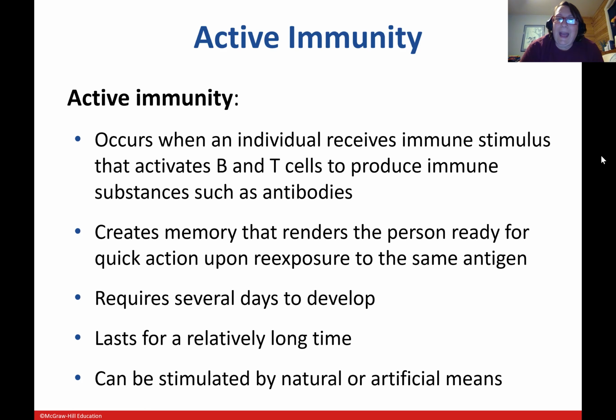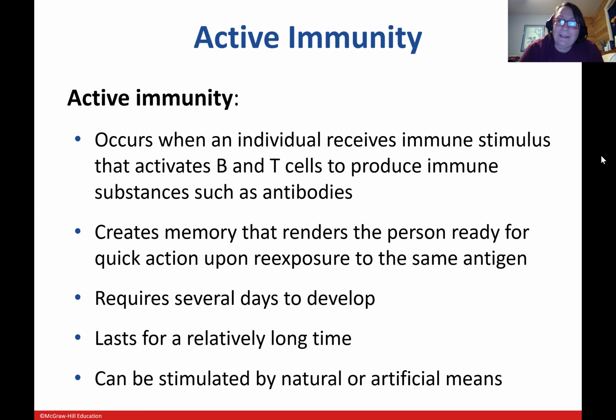And when you get those memory cells from an active immunity situation, it should last for a relatively long time. That varies from pathogen to pathogen. Some of them, if you get it once, you are done. You know, one and done. There are others that wear off after a period of time, particularly if you receive that active immune situation through a vaccine.